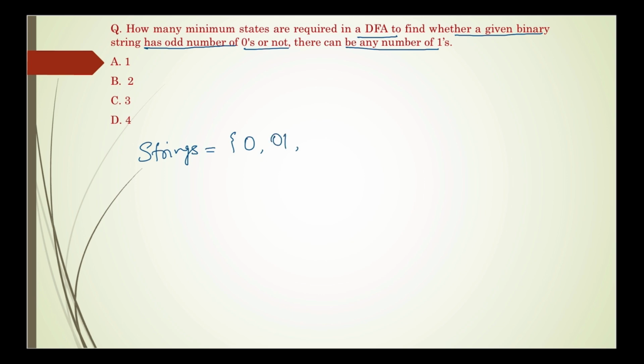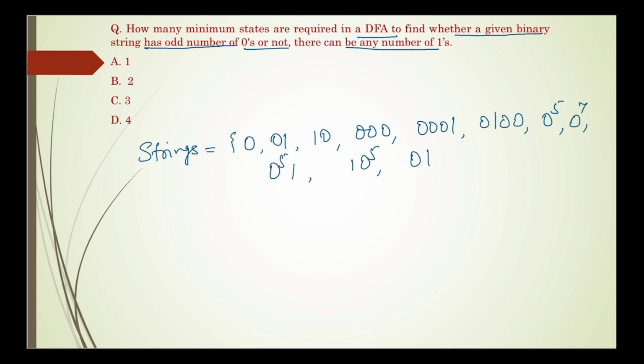Single 0 can be there, 0 1 can be there, or 1 0 can be there, 0 0 0, 1 0 1 0 can be there, 5 times 0, 7 times 0, 5 times 0 1, or 1 5 times 0, 0 1 0 0 0, and so on.